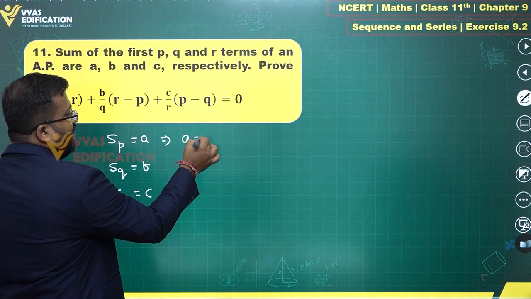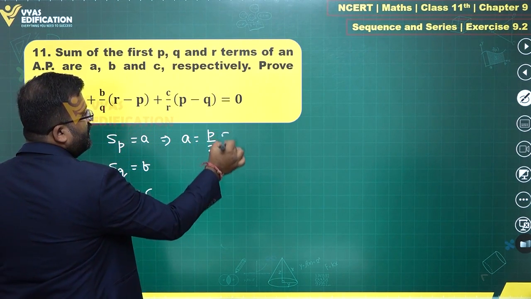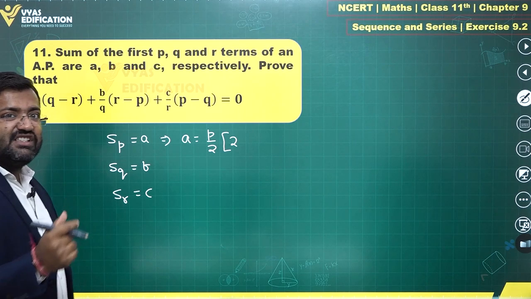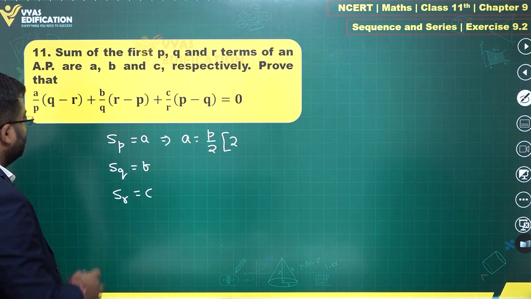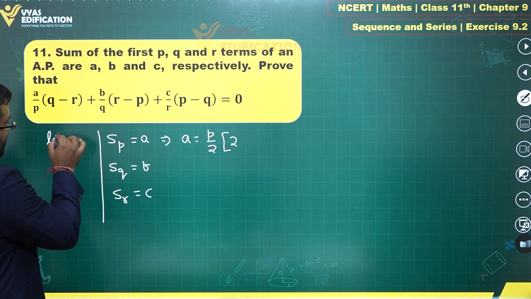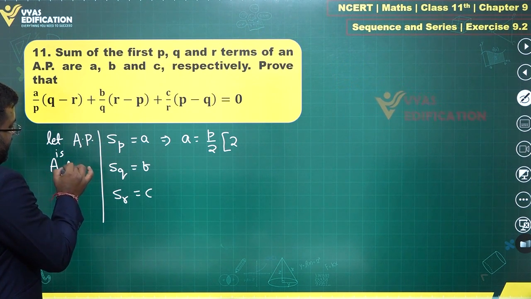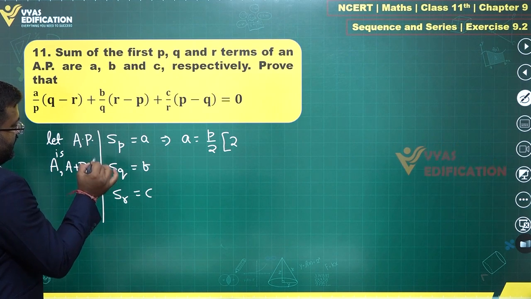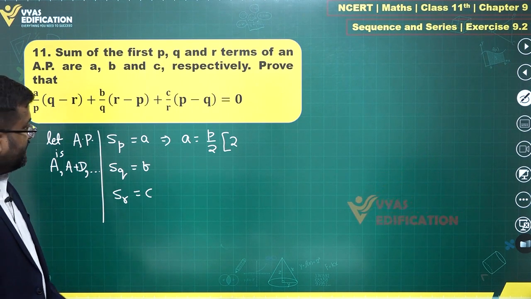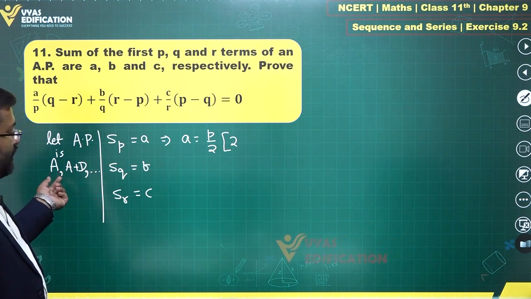SP is equal to A. This will be P by 2 times first term. Let the AP be A plus D, dot dot dot. Since we have already used small a, we cannot use small a for the first term.